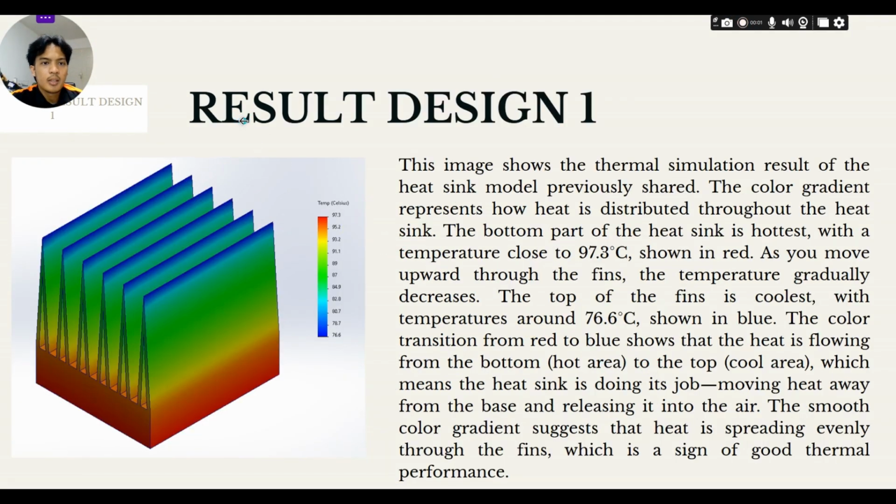Assalamualaikum, my name is Muqri bin Razali and my metric number is B112310480. I'm going to explain the result of the first design. This image shows the thermal simulation result of the heat sink model previously shared. The color gradient represents how heat is distributed throughout the heat sink.